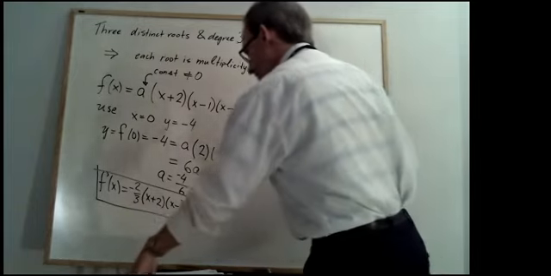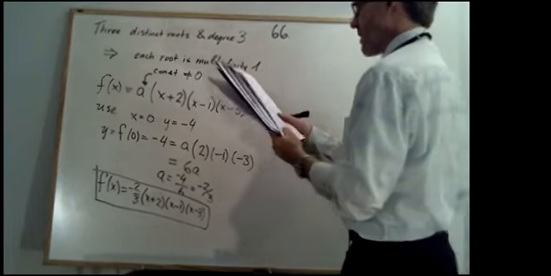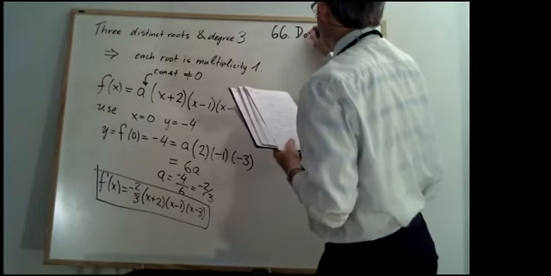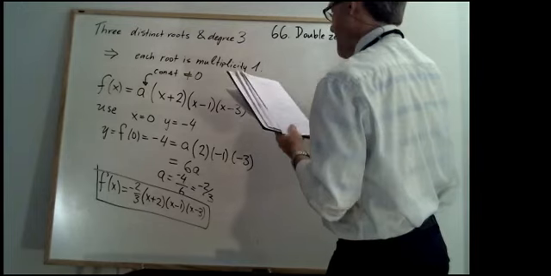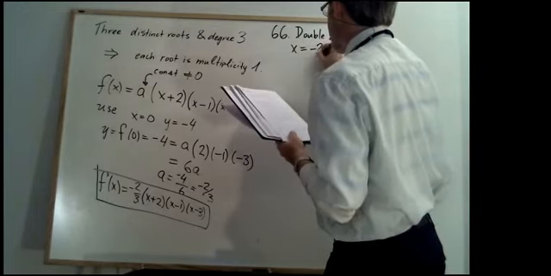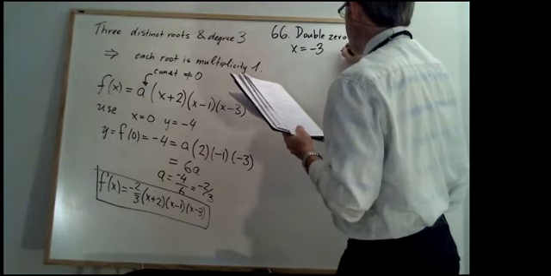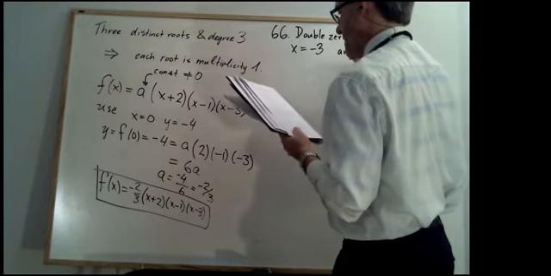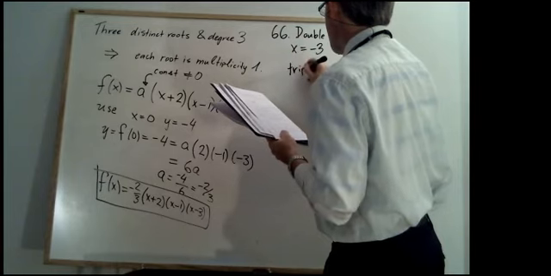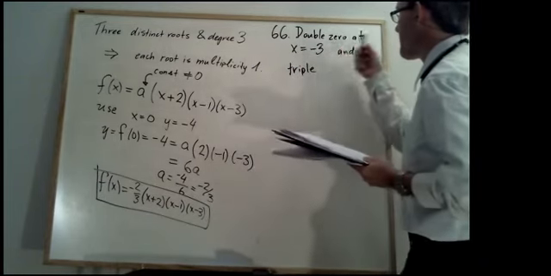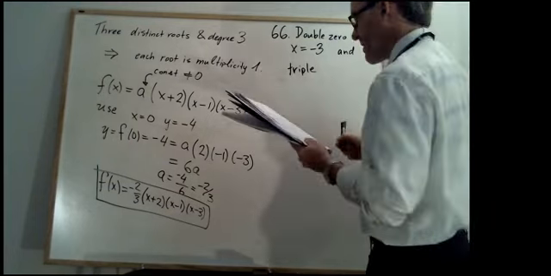Okay, so you're given a double zero at x equals -3, and a triple zero, so we actually have a double zero at one point and a triple zero at the other point.